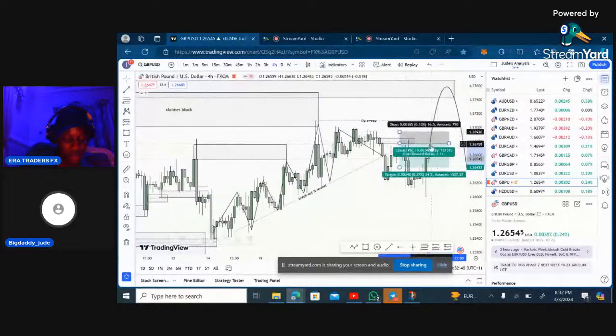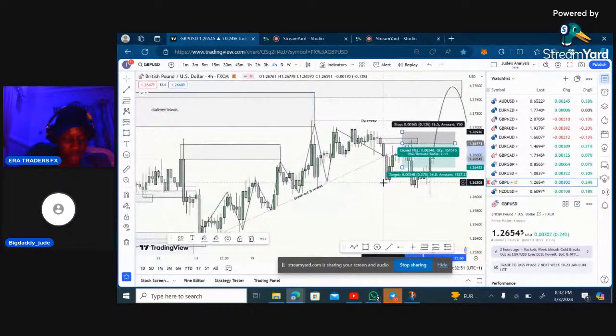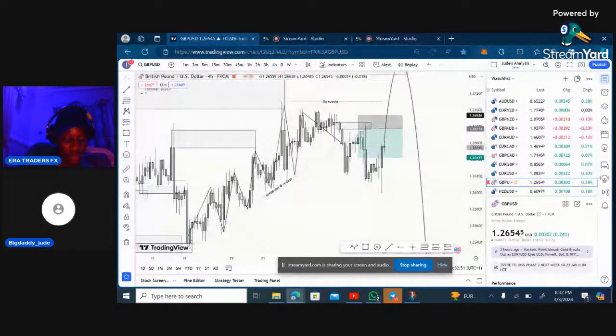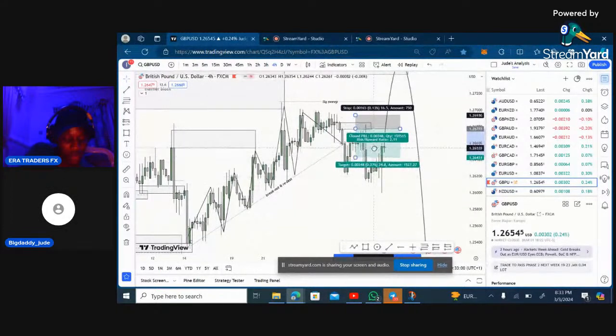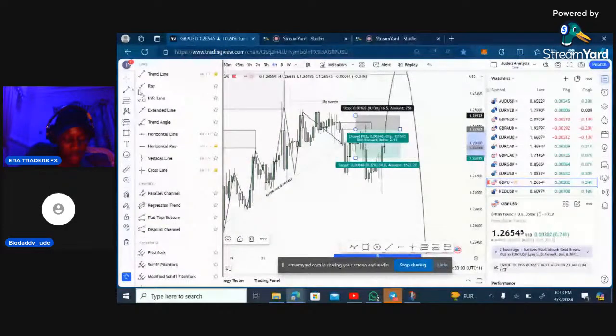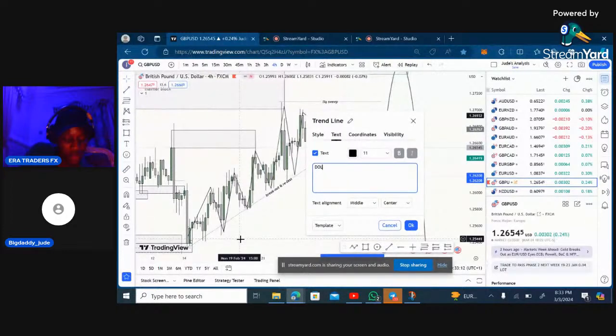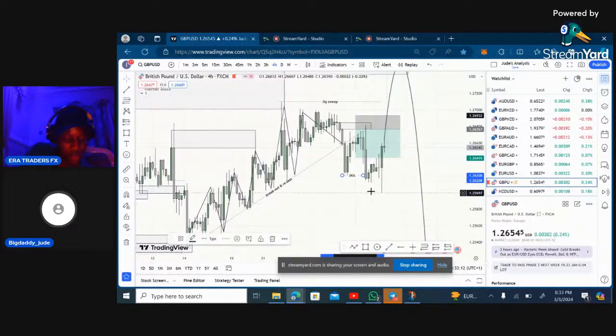If you sell around here and put your TP at the previous low, remember, liquidity resides around previous lows and previous highs. So this low forms your draw on liquidity.